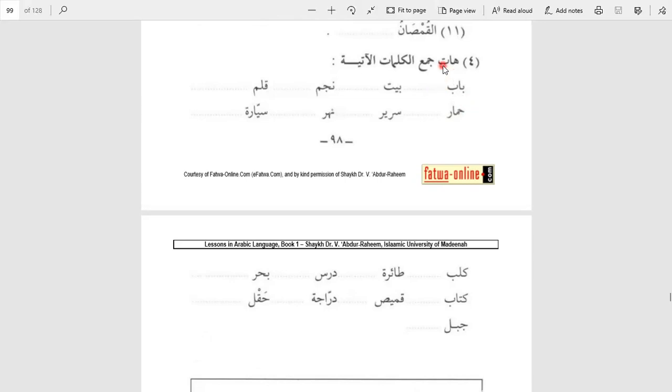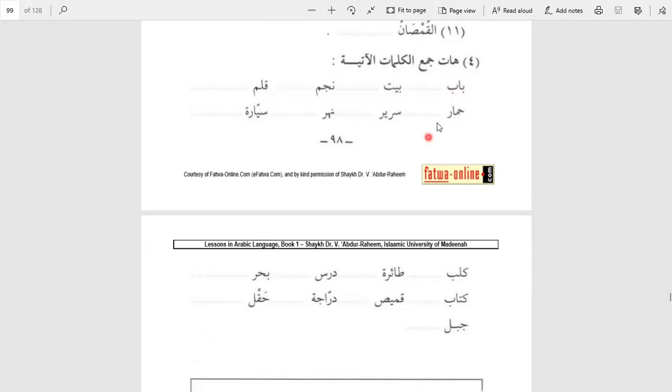Hata is to give jamu for the following words. Give jamu hata. Give the plural for these words: babu, door; bayitun, house; najmun, star; kalamu, pen.